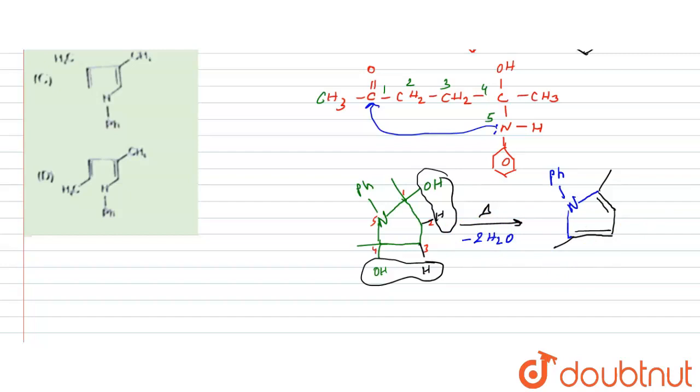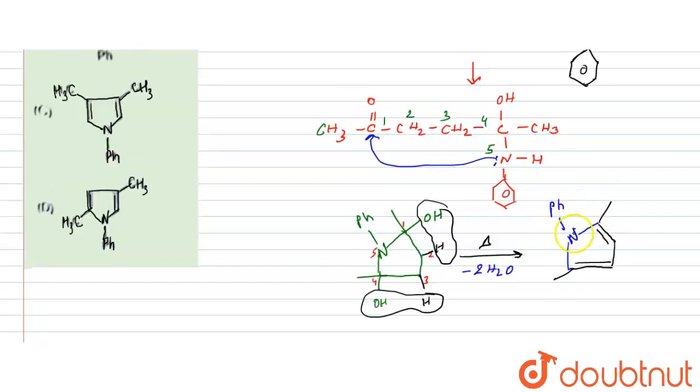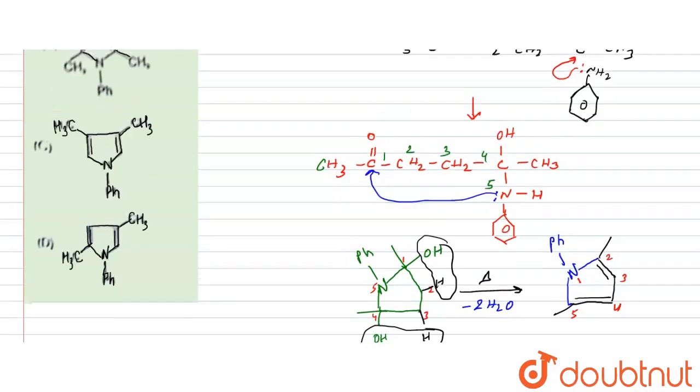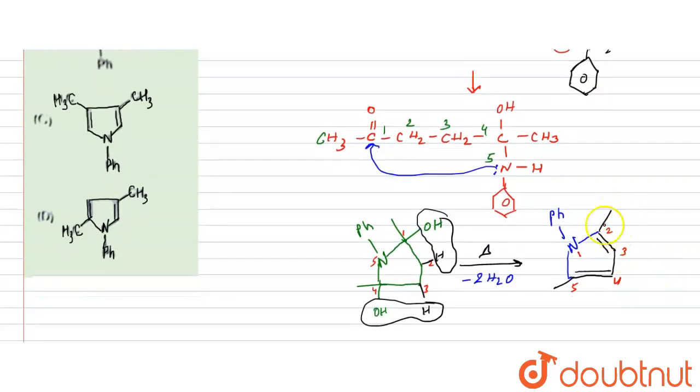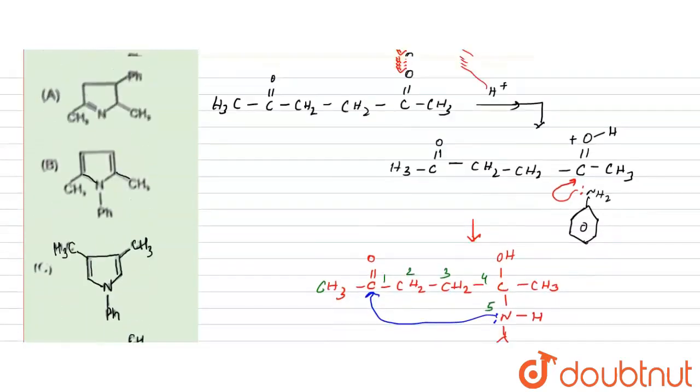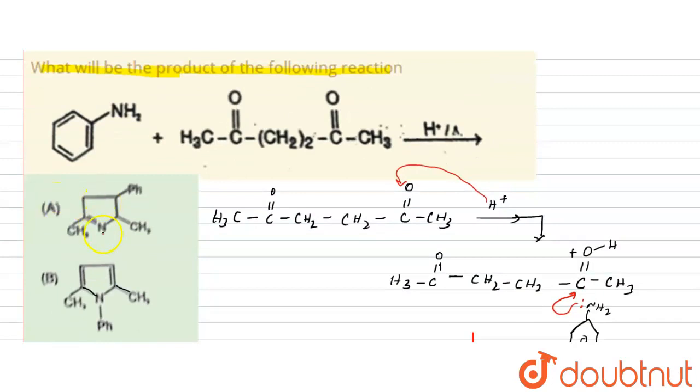So let's check which option is correct. Let's number this in order to check the options. So if you say this is 1, this is 2, this is 3, this is 4, this is 5. So at 2nd position a methyl group should be there, and at 5th position a methyl group should be there. So let's check the first one. Definitely there is a double bond with relation to nitrogen, so this cannot be the answer.